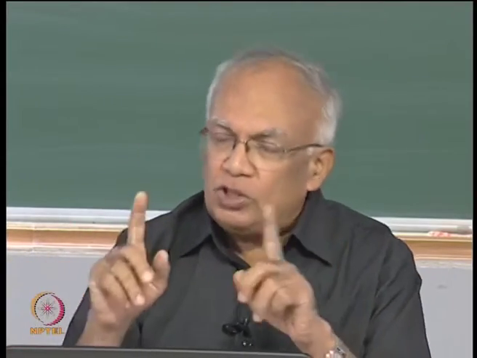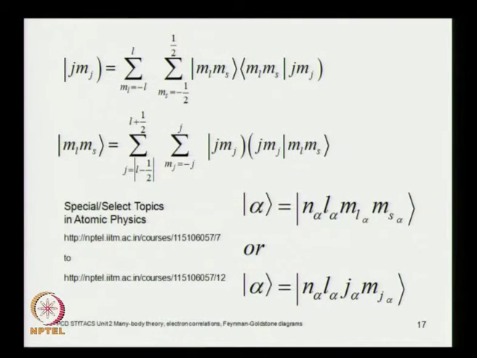You have 2 sources of angular momentum for the electron, one is the orbital angular momentum, the other is spin angular momentum, and you can have their uncoupled spaces or you can have the coupled spaces, and both are equally valid. You can write the wave functions either in terms of one basis or the other.